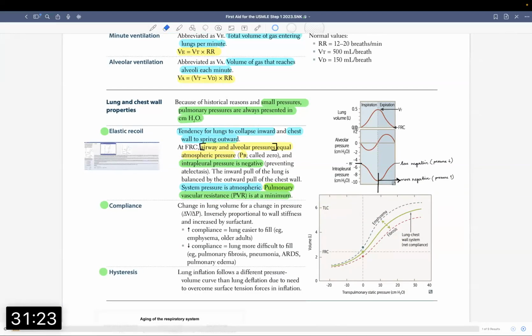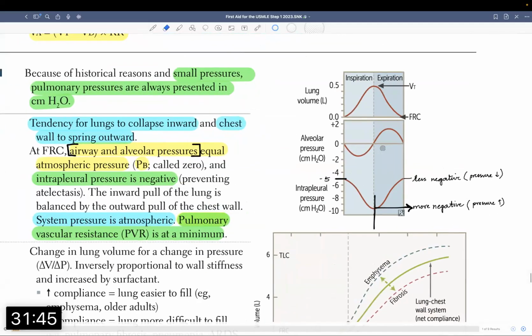So yeah, lung volume goes up and then comes down, hits tidal volume, goes down. Alveolar pressure goes negative, then comes back up positive in the inspiration itself. In inspiration, alveoli will expand and then begin to collapse so that they can push air out. So it becomes negative and positive in inspiration itself.